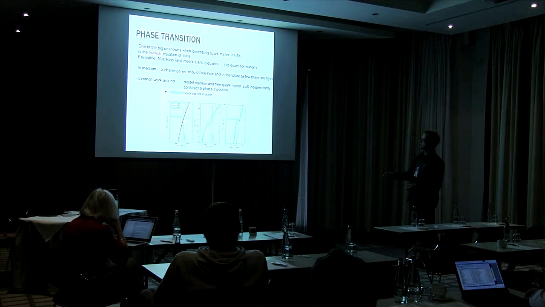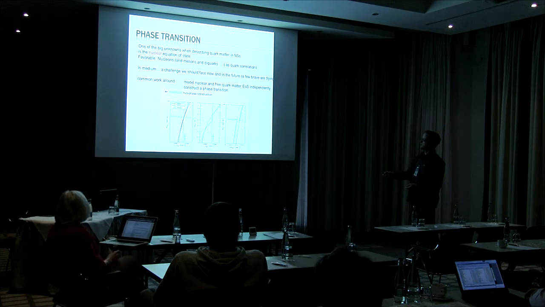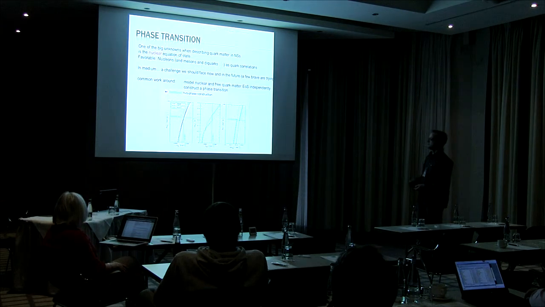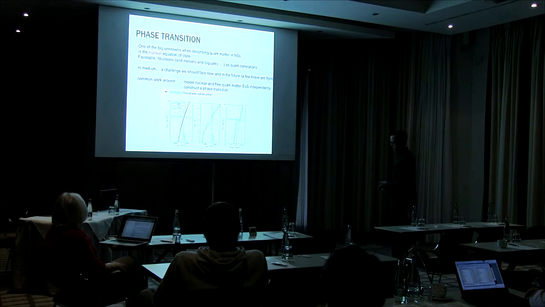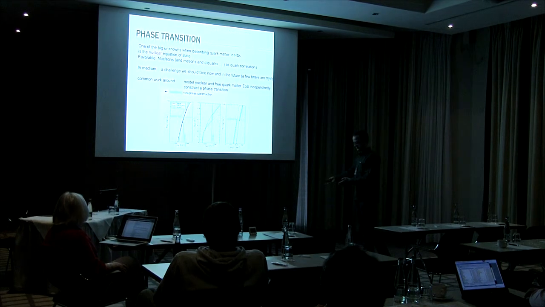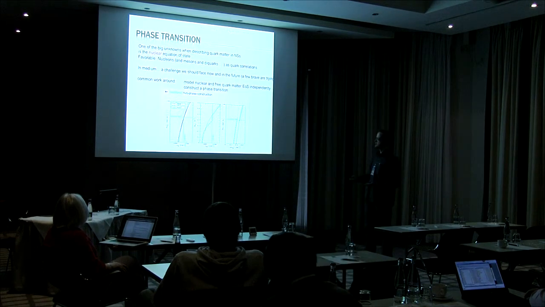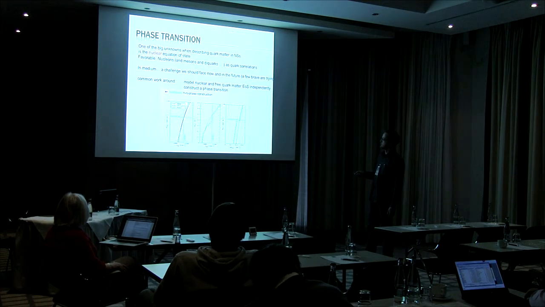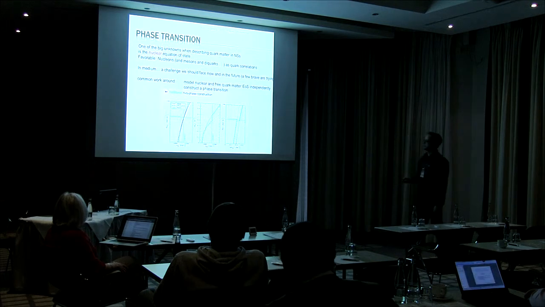So the red one here, that would be the nuclear, the dashed line, that would be the quark matter equation of state. And then you just look, okay, where I get from one minimum of the thermodynamical potential into the other, which means where I have the higher pressure. If the pressure switches, I go from one system to the other. That would be the classical Maxwell construction.